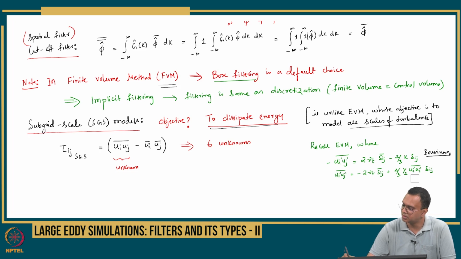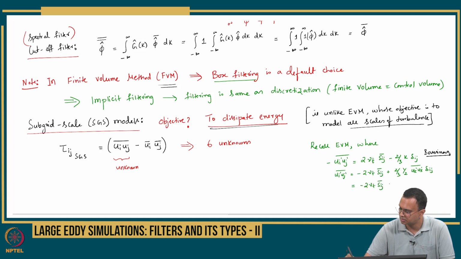Correct? So I will take this as uk prime uk prime. It's a free index, it's a sum of 3 anyway. uk prime uk prime average will be the sum of the 3 normal stresses, right? So this will give me essentially minus 2 nu t Sij bar plus 1/3 uk prime uk prime average delta ij.